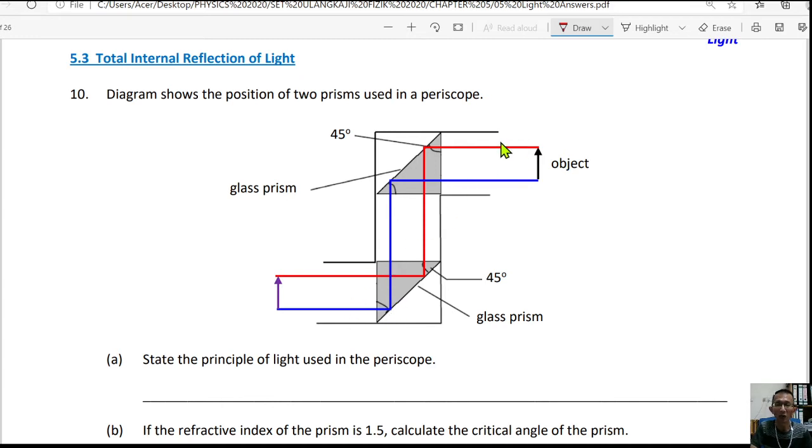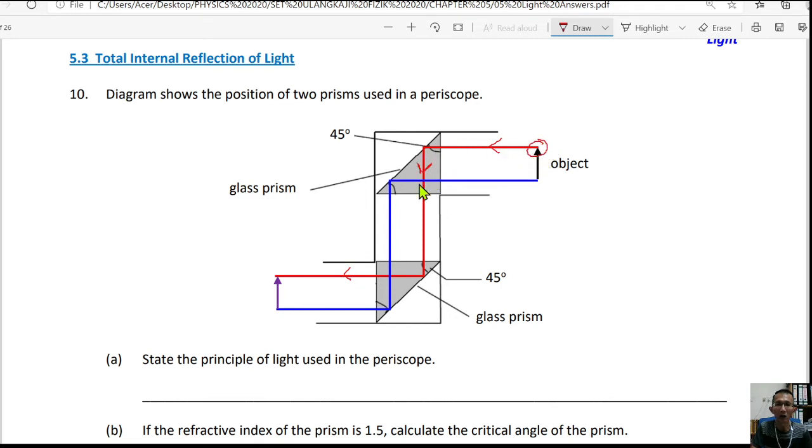So the light going to the prism, it hits at this end here, it will be reflected. It goes down after hitting this line here, the hypotenuse of this prism, and it will be reflected. You see here I'm using the head of this arrow.